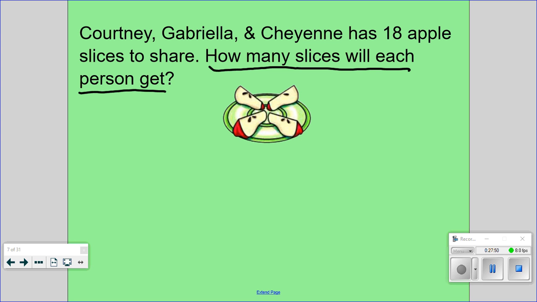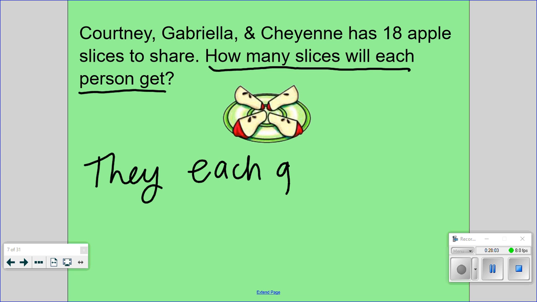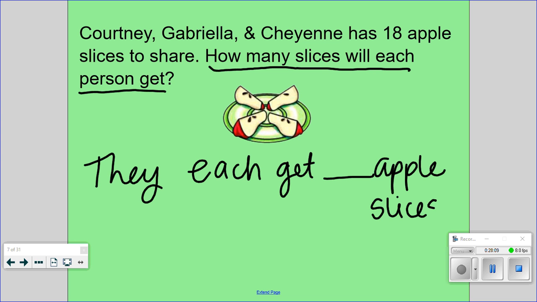Ethan? They each get blank apple slices. Love it. They each get blank apple slices. You should have some version of that, because that's what my question is asking me.